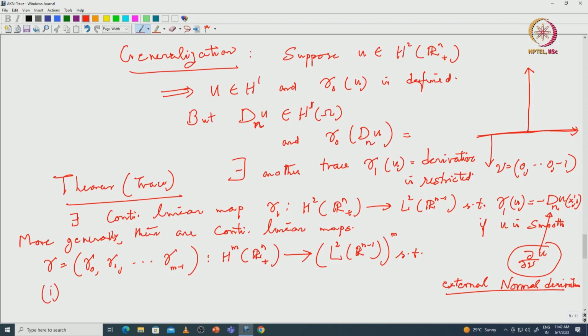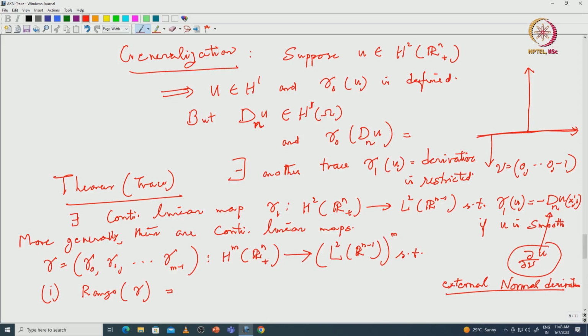The main thing is the range of gamma. For gamma naught you lose what we call a loss of regularity of half. This is the observation you have to make in the trace theorem.